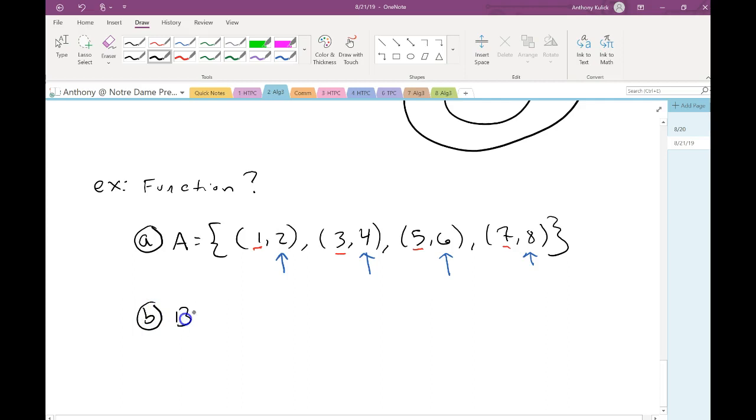What would it look like if it was not a function? Let's take a look at this relation.